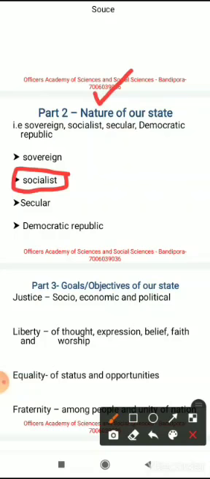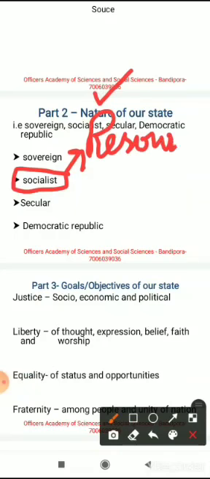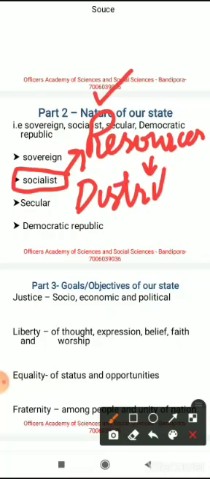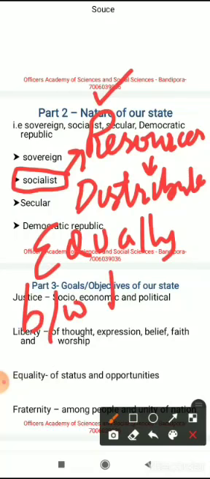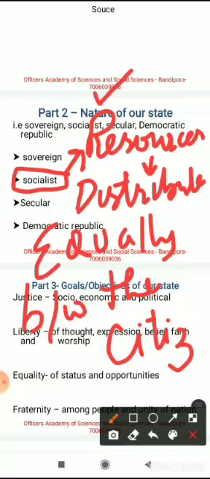Socialism is a principle which says that all the resources of our country are distributed equally between the citizens.